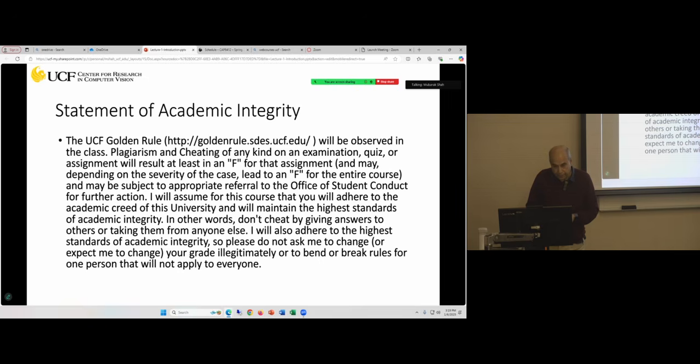In other words, you don't cheat by giving answers to others or taking them from anyone else. I will also adhere to the highest standard of academic integrity. So please don't ask me to change your grade, legitimately or illegitimately, or to bend or break rules for one person that will not apply to everyone. Okay, this is the way we will live.